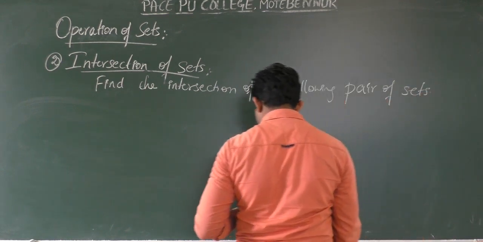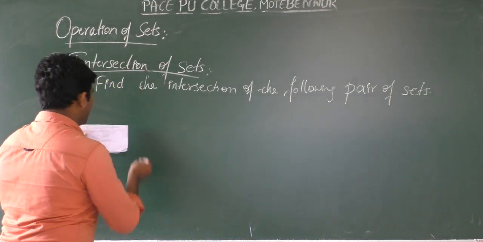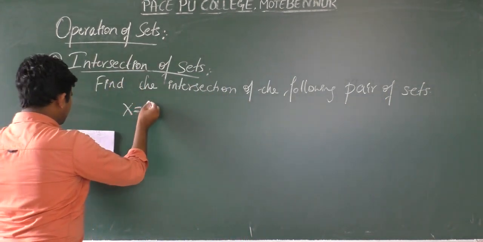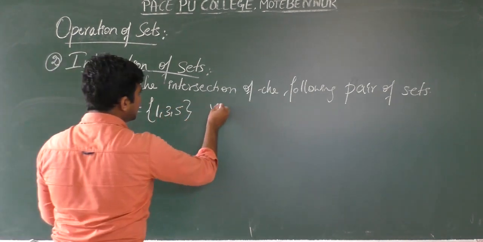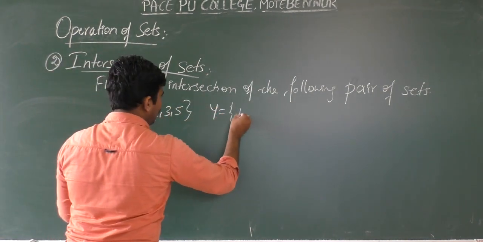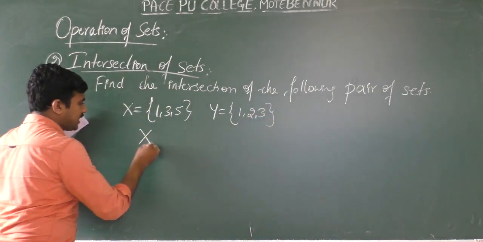Find the intersection of the following pairs of sets. The first one: X is the set of all 1, 3, 5. Y is the set of all 1, 2, 3. Now what is X intersection Y?